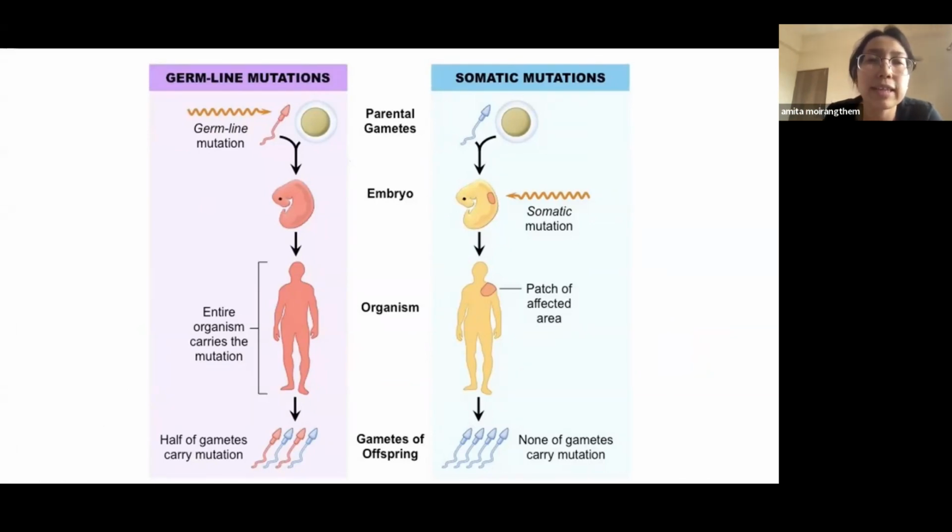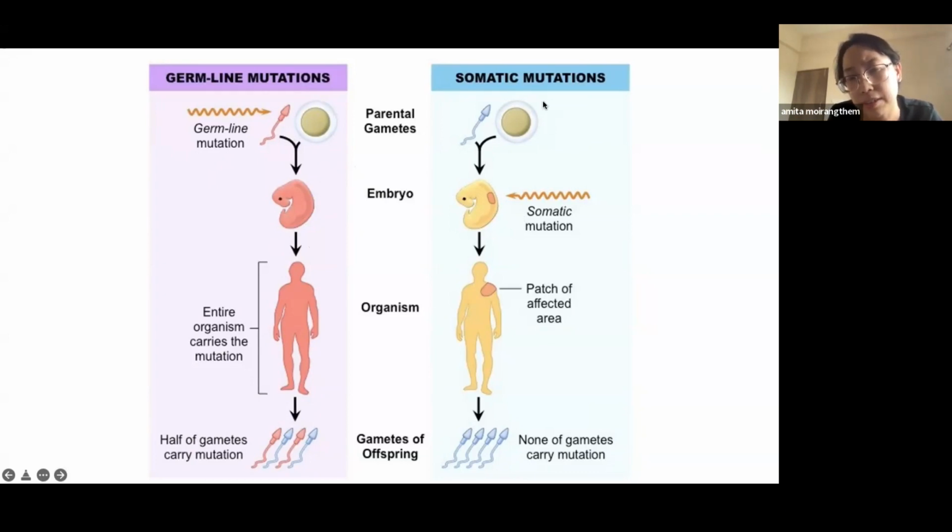So if the parental gametes are mutated, or sometimes the mutation occurs in the zygote formation, because of this, the cells in the whole body carry the mutation. So the mutation is present in all the cells of the organism, and hence in the subsequent generation, he passes on the mutation.